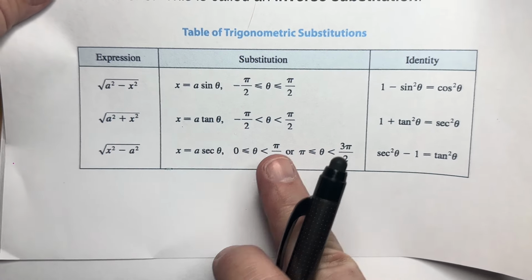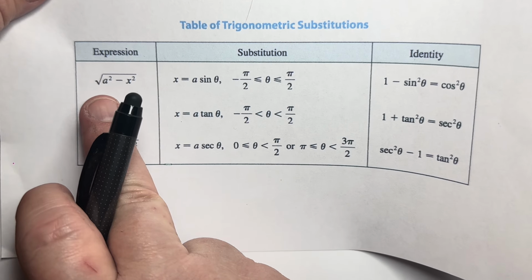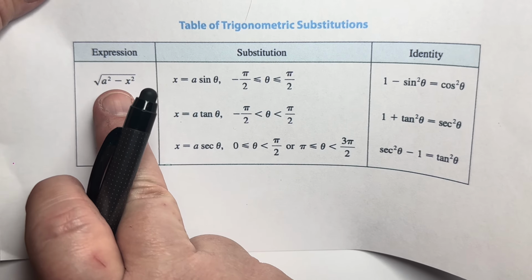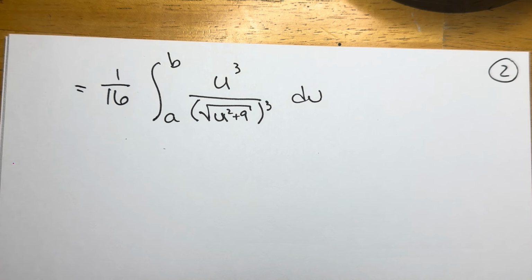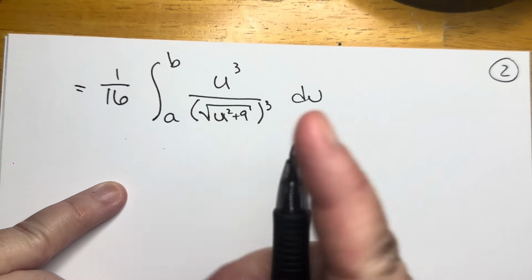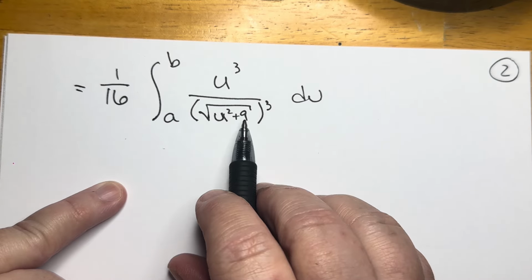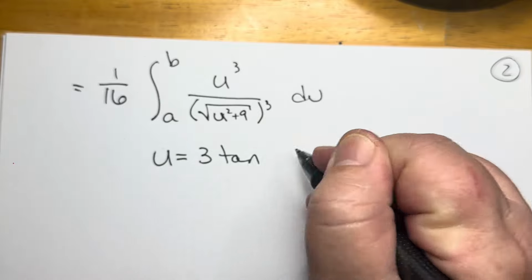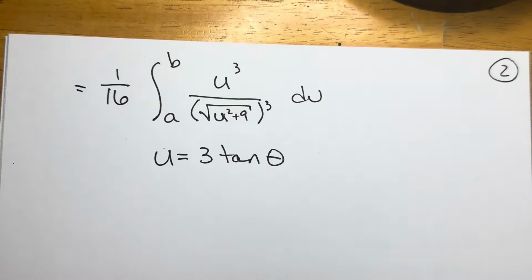Here's the chart. If you've got the square root of something minus x squared, you use sine. If you have something plus x squared, you use tangent. So we're going to use tangent here. I've got u squared plus 9, and since I've got that 9 there, I want to set u equal to 3 tangent theta.